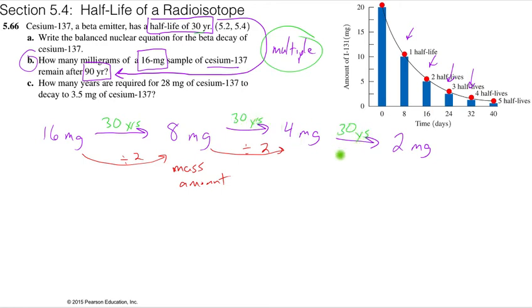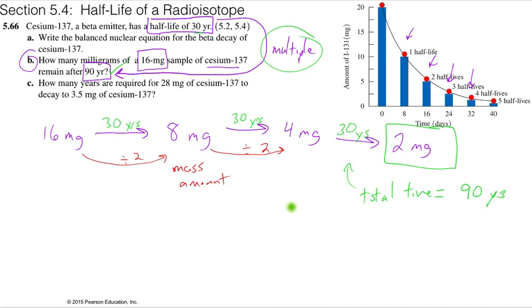Again, I'm just thinking about this in the simplest way possible. Every 30-year interval, you cut it in half. Notice now, 30 plus 30, 60, 90. Now we have a total time equal to that 90 years, which is what the problem is asking about. So after a 90-year interval, you're going to be left with 2 grams of the sample.